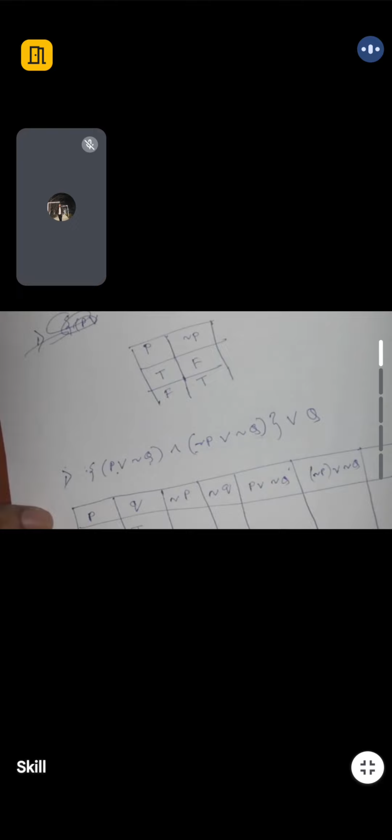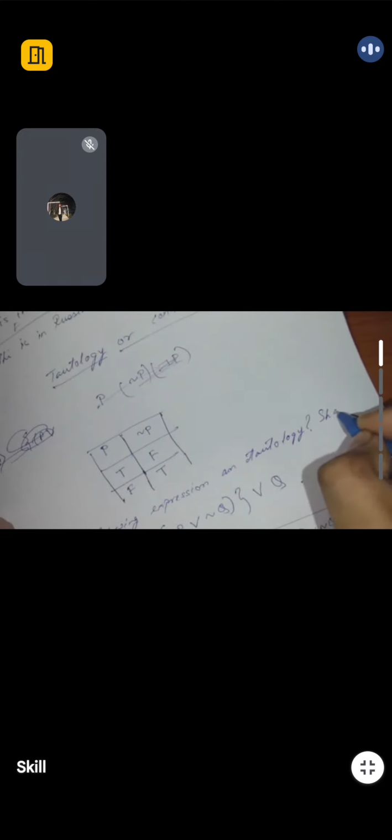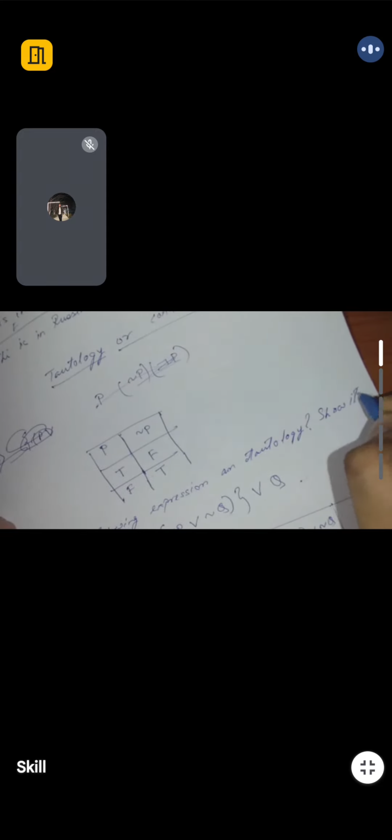So the question is: is the following expression a tautology, with a truth table?